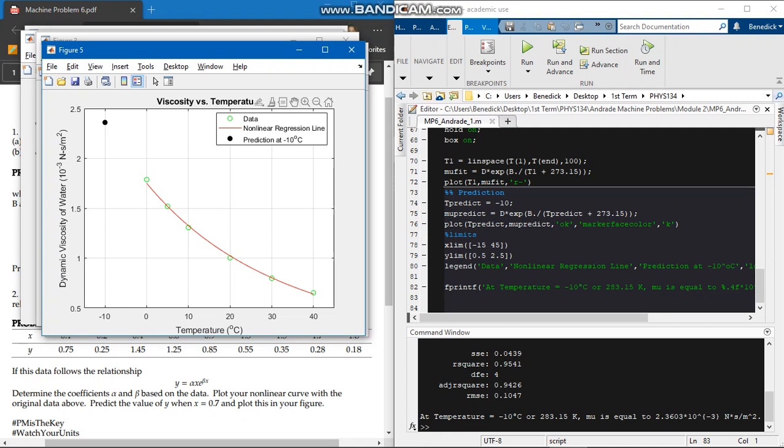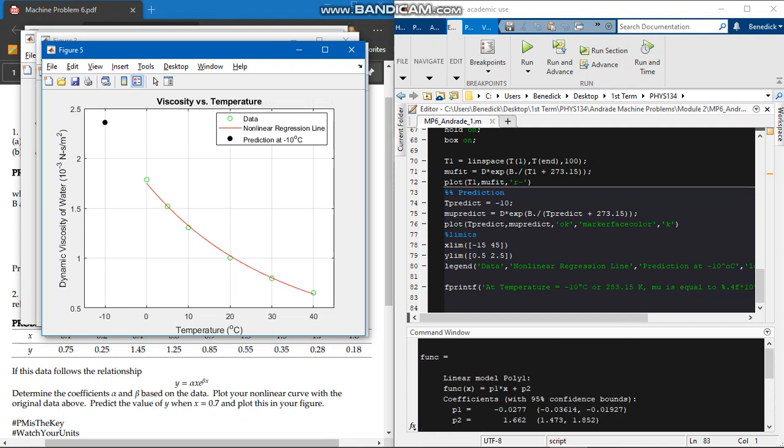We already expect that the value will be higher because, as we said, as the temperature gets hotter, the water becomes less viscous. So as the temperature gets lower, the dynamic viscosity increases.